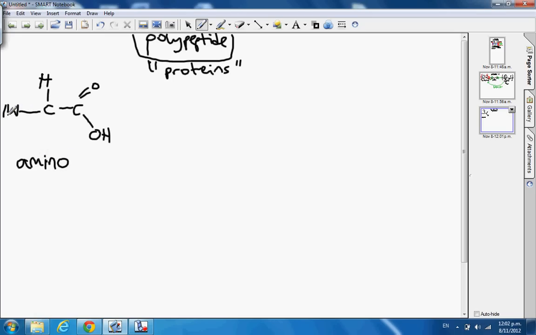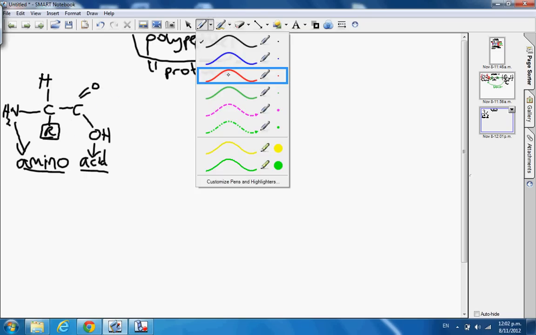So we're going to have an amine here, NH2. And the carboxylic acid is the part which refers to the acid. Then we'll just use the letter R for the rest of the molecule. R is the one thing which changes amongst the 20 essential amino acids. This is the general formula for an amino acid, which is more useful to remember.